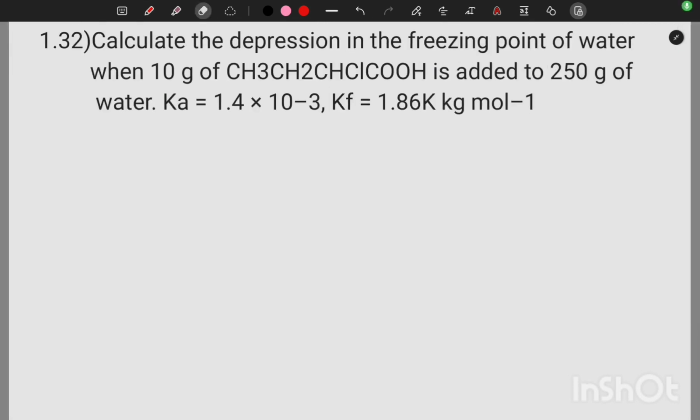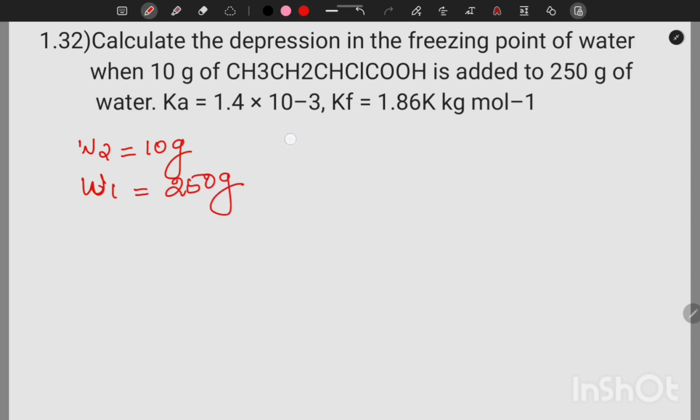Calculate the depression in the freezing point of water when 10 gram of 2-chlorobutanoic acid is added to 250 gram of water. Ka is 1.4 into 10 raised to minus 3. Kf is equal to 1.86. Here mass of solute is given as 10 gram, W2 is equal to 10 gram. W1 is mass of solvent, that is equal to 250 gram.